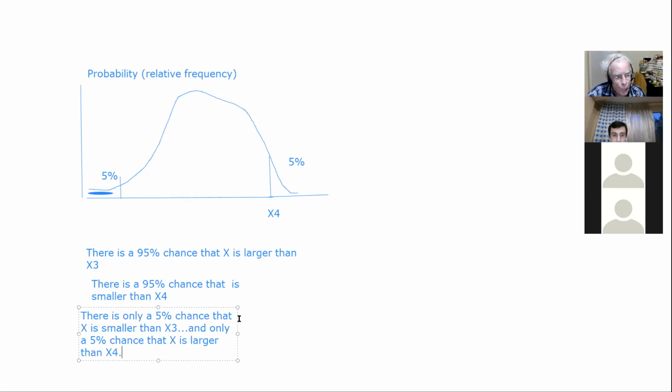So in other words, if we have a normal distribution and a good prediction of the mean value of x, then there is a 90% chance that x will fall within this interval from x3 to x4.